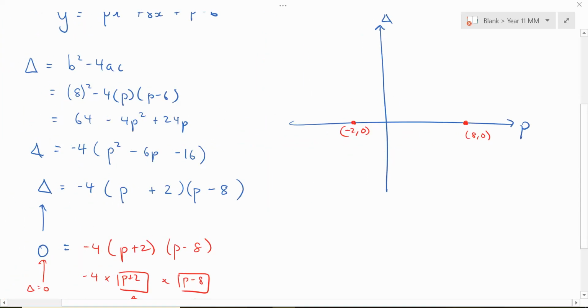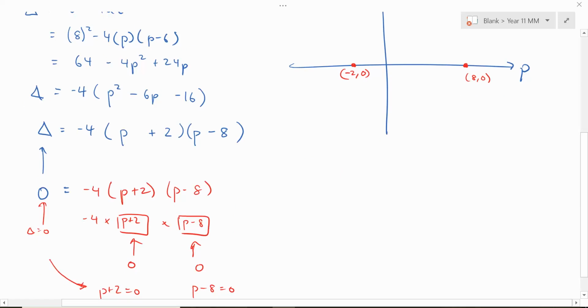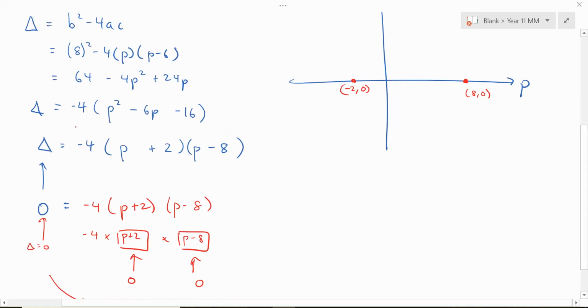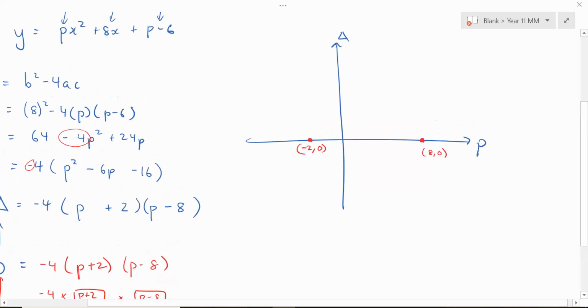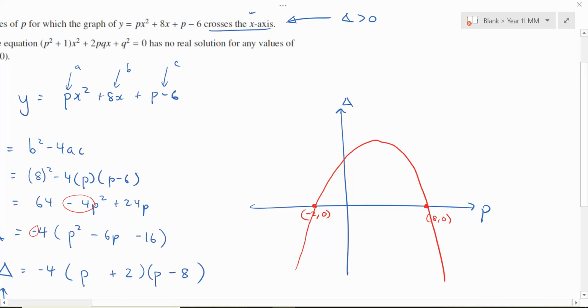And it's not even a positive graph, my bad. It's a negative graph because there's a negative here. Negative times p squared makes it negative 4p squared. So you can tell it's a negative graph, so it should look something like that. We're not interested in the y-intercept and the turning point. We just want a general graph.